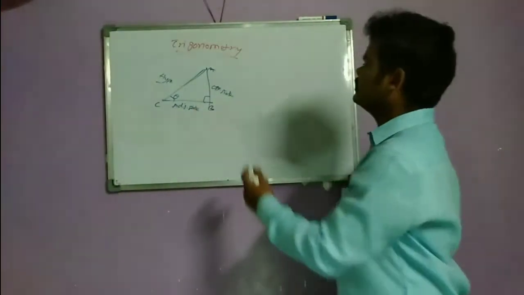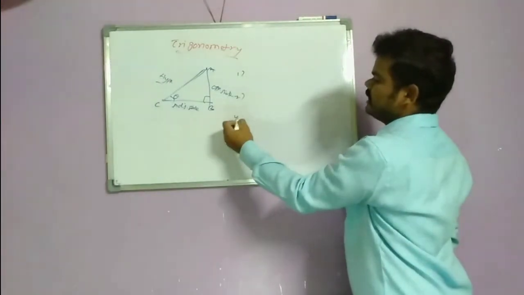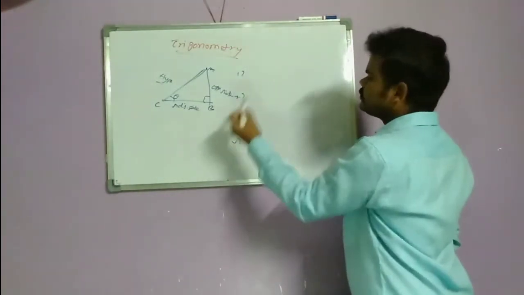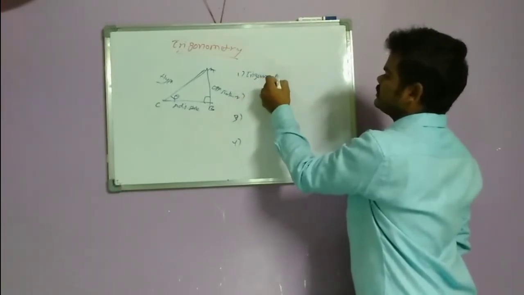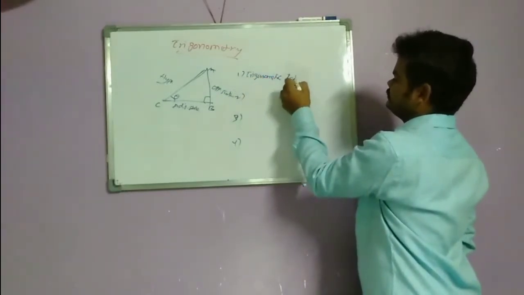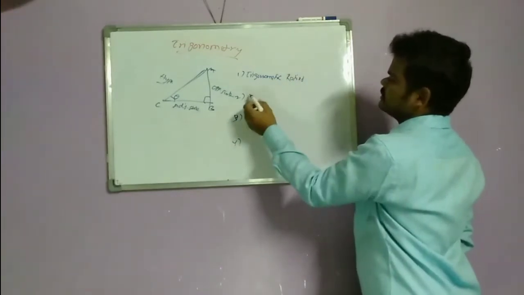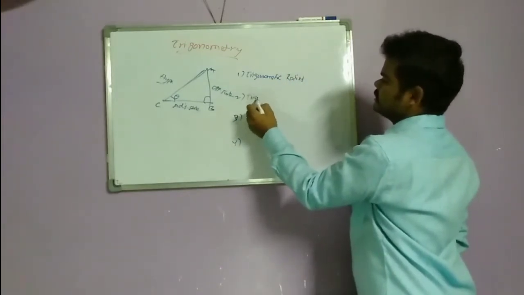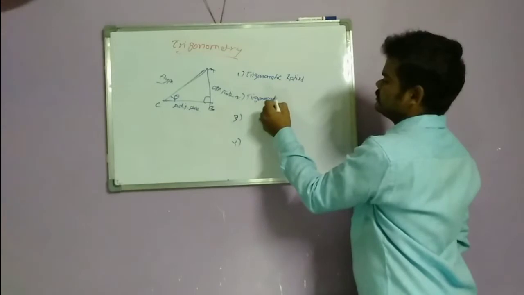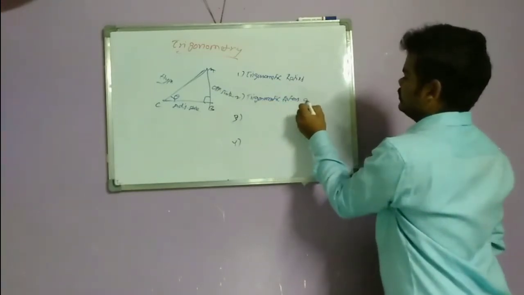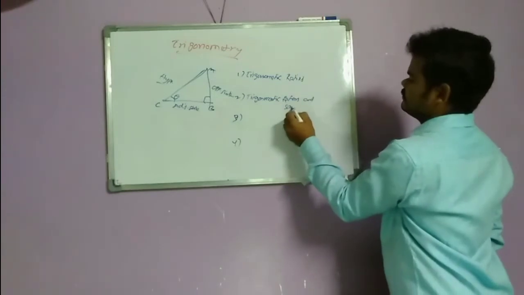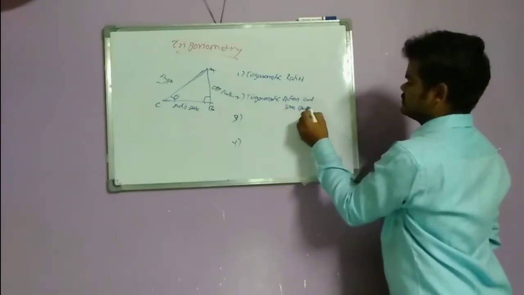In trigonometry, we have four topics. One is trigonometric ratios. Other one is trigonometric ratios with some specific angles.